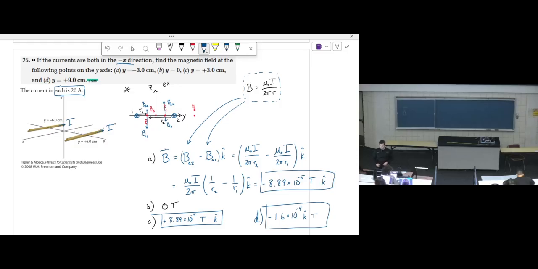Yeah, if the currents were reversed here, then all of the directions that we've drawn would have been reversed, and this would have been positive, this would have been negative, and this would have been positive. On at least one problem, you will have where the direction matters, the positive or negative will matter, yes.